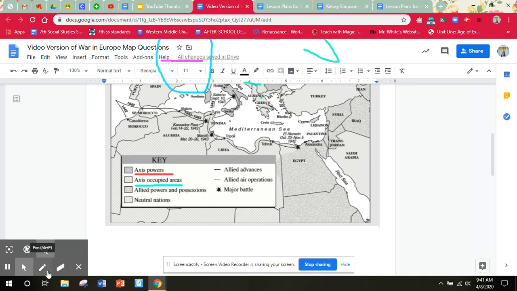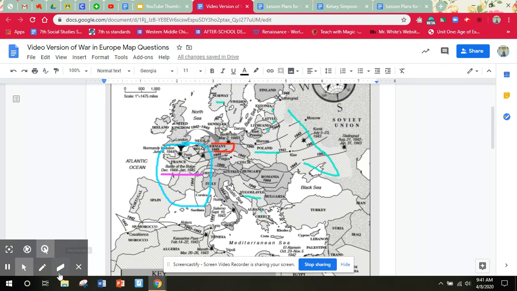Allied powers and possessions. The Allied powers have a spotted kind of look, a little bit different. So if we scroll back up, we're going to pick ones that we obviously know and compare that color, because I know the map is kind of hard to see. You've got the United Kingdom. We know that's an Allied power in Europe. There aren't very many specifically in Europe.